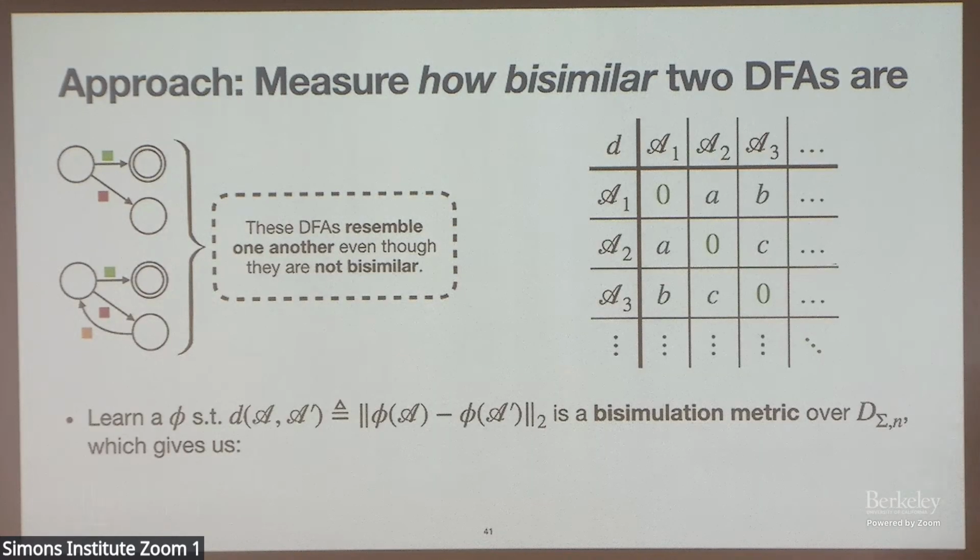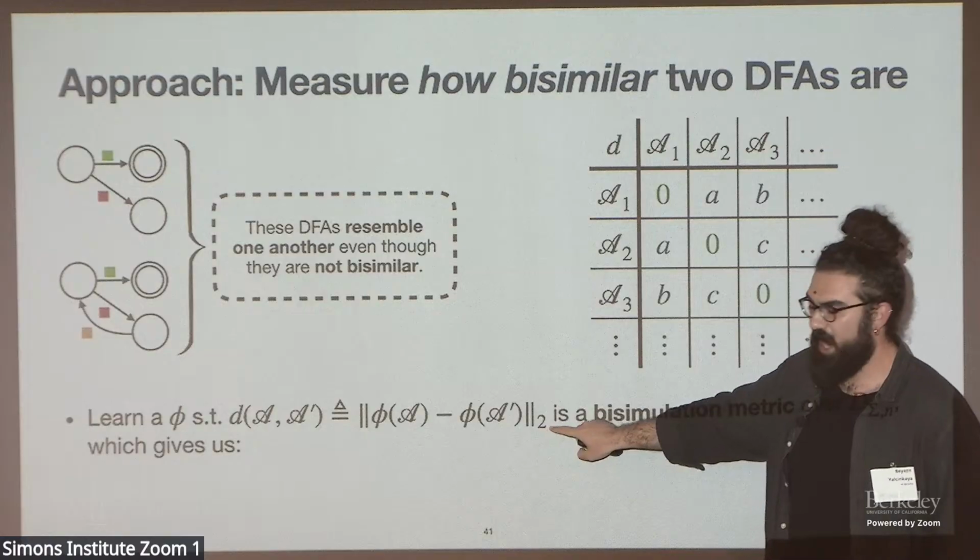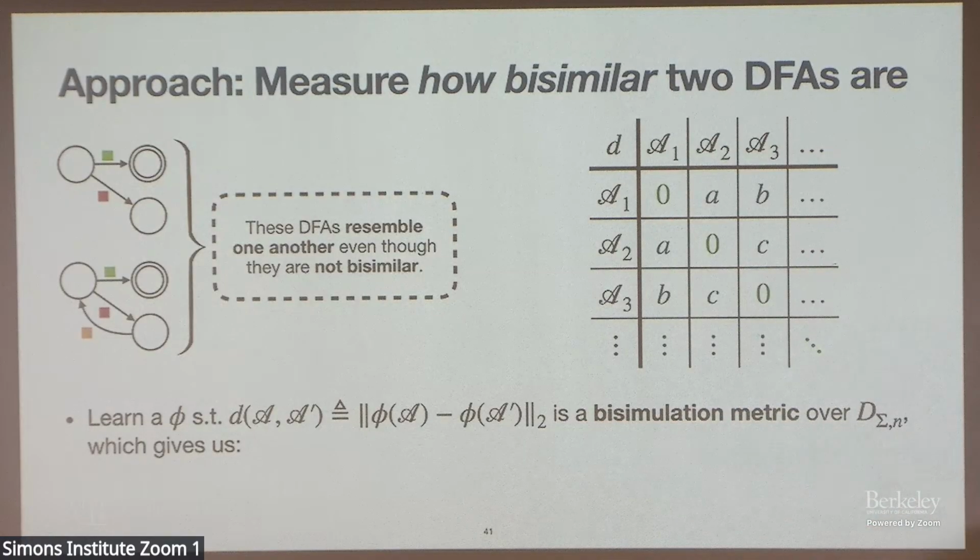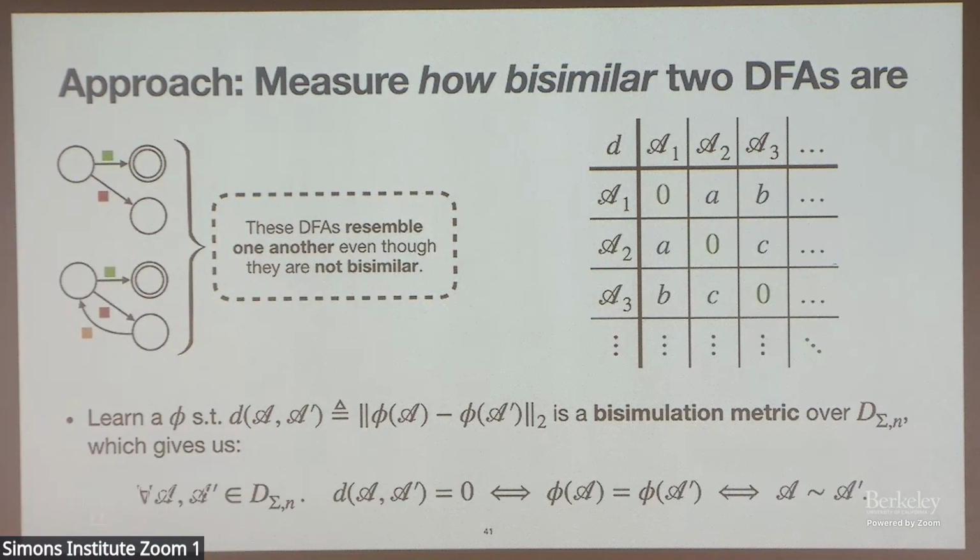The idea is to take the phi that we are trying to learn and define your bisimulation metric as the L2 norm of the embeddings that you get from phi. If we train it to be a bisimulation metric over the DFA space, it will be basically learning a table like this, where each DFA is bisimilar to itself, and then you have the same entries on the reverse diagonal.